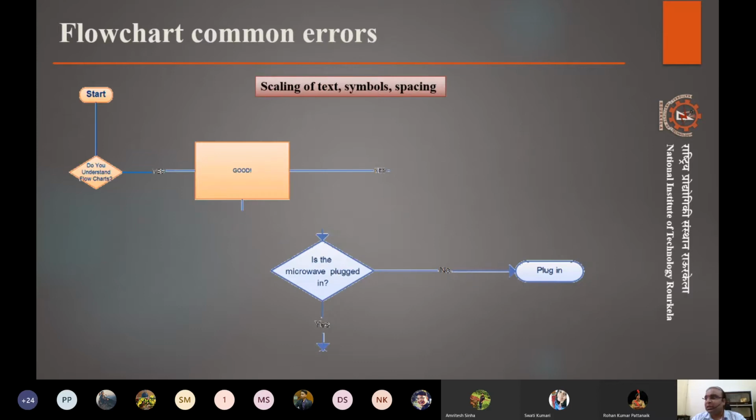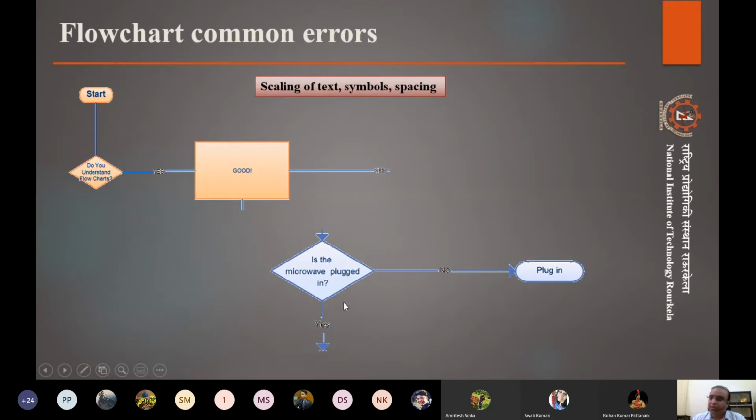Okay. Scaling of text. Sometimes text becomes very small or very large. Symbols are so small that they don't hold the full text, or they are very far away compared to what we are trying to do.